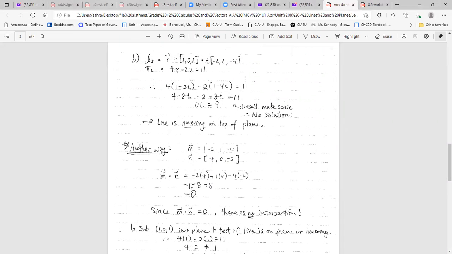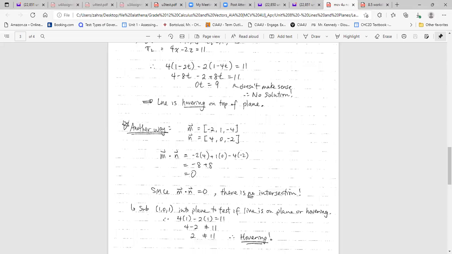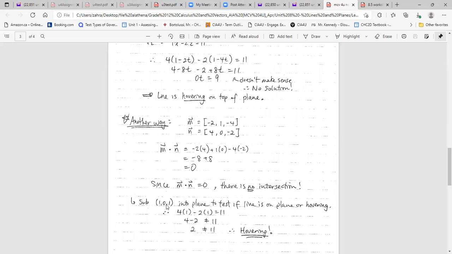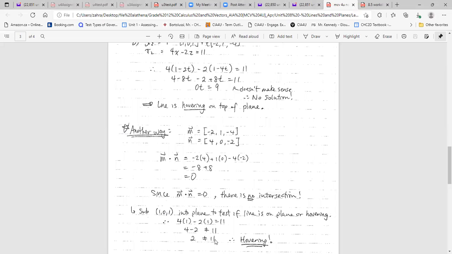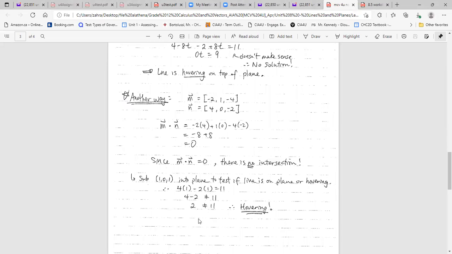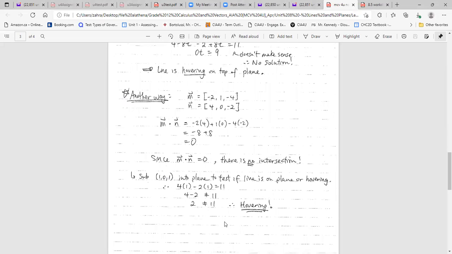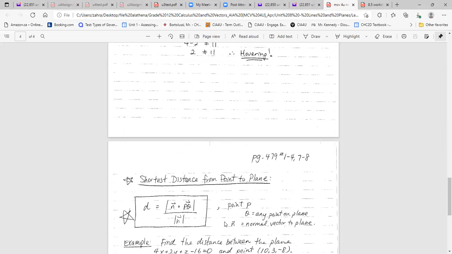To check that, I find a point on the line: (1, 0, 1). If this point is on the plane, then they coincide; if it is not, they are just parallel. So I put (1, 0, 1) into the equation of the plane. I get the right side not equal to the left side. It means the line is just hovering above the plane and they do not coincide.